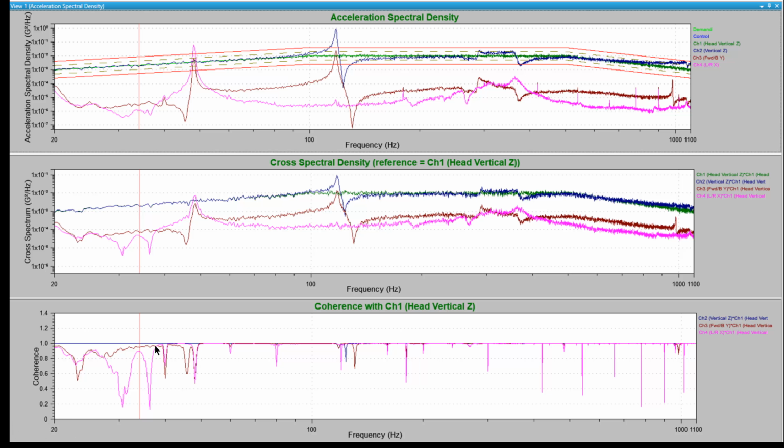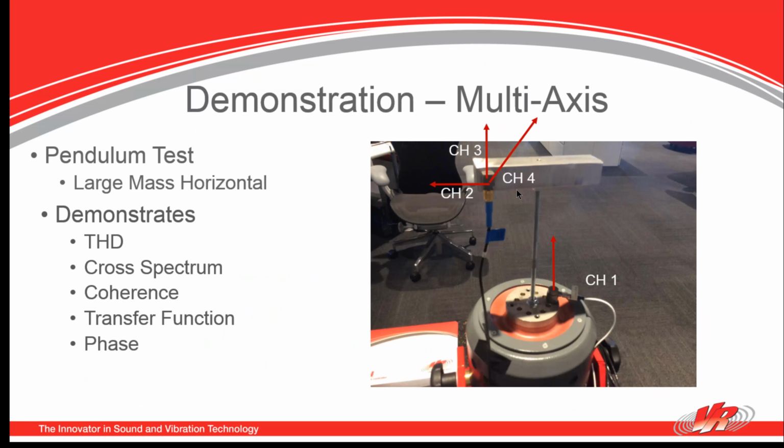And here the cross spectral density as well as the coherence for all the 4 channels. And you'll notice that for the most part channels 3 and 4 are not behaving the same as channel 1 and 2. We would expect, go back to the picture, I would expect channel 1 to be doing the same kind of vibration as the up and down vibration of that triax, and that's what you're seeing.